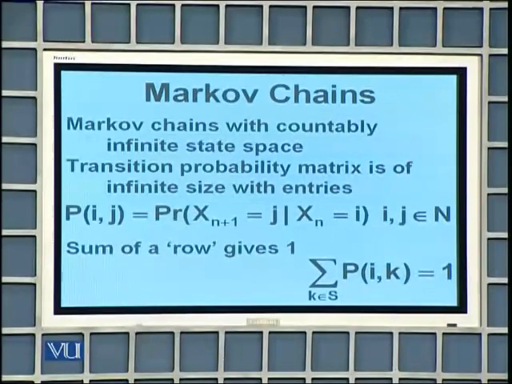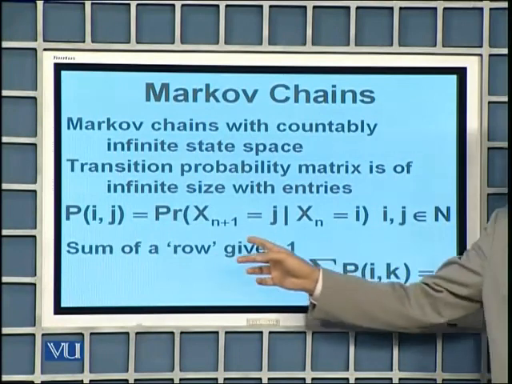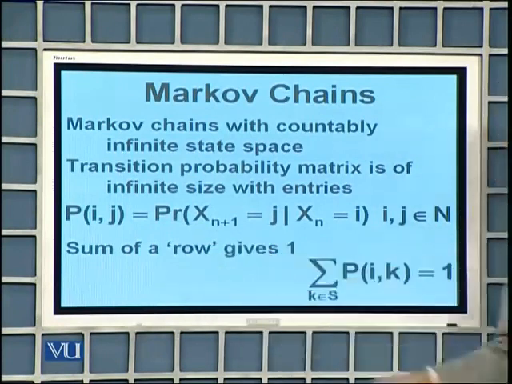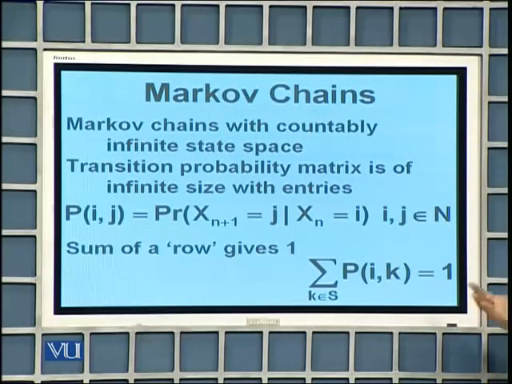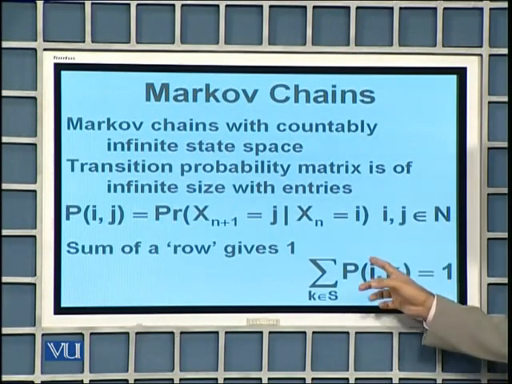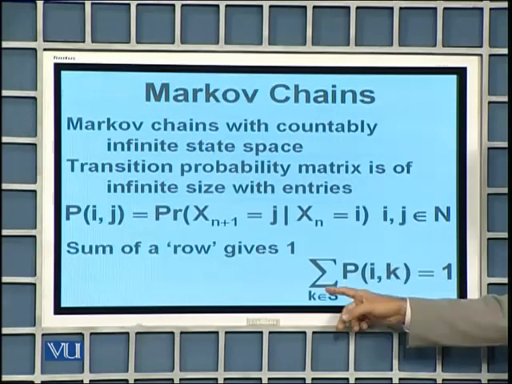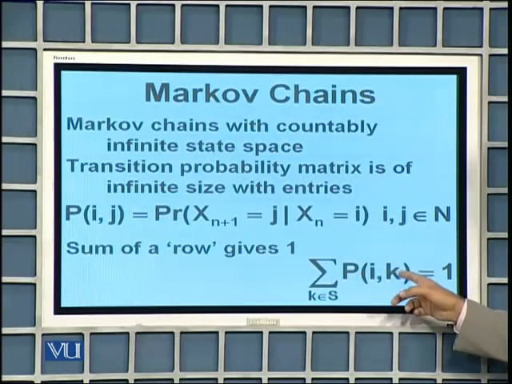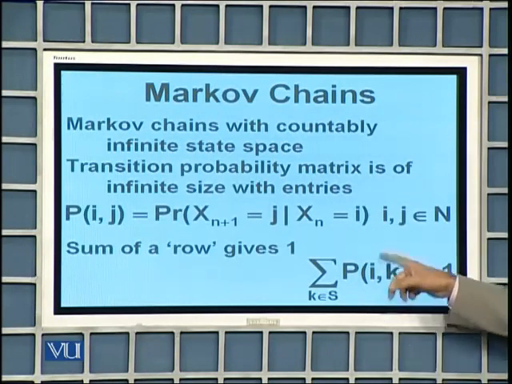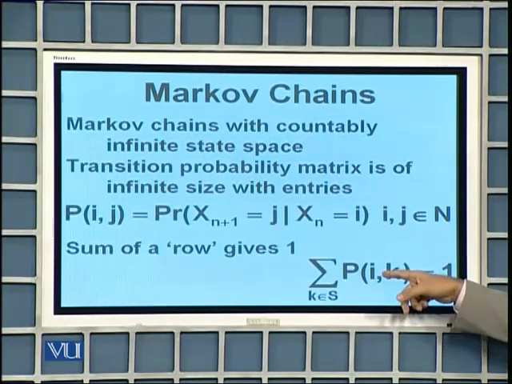Since we are dealing with infinite size matrices, we have to be careful when we say that the sum of these transition probabilities over a row should give 1. There is no such row because we are dealing with infinite size matrices. But in general, if we sum these transition probability values over the second index k, then you are summing over all possible jumps starting from state i.